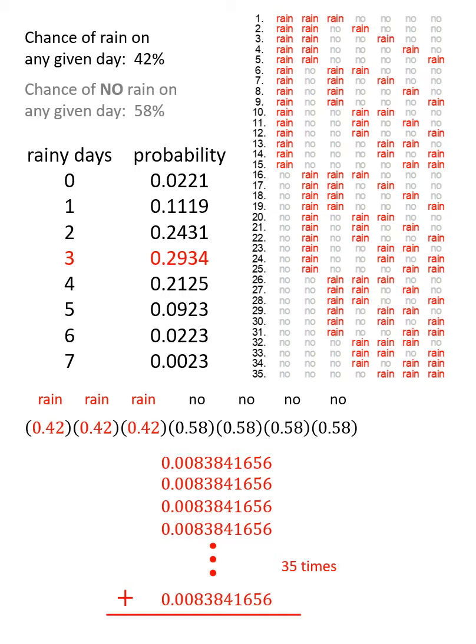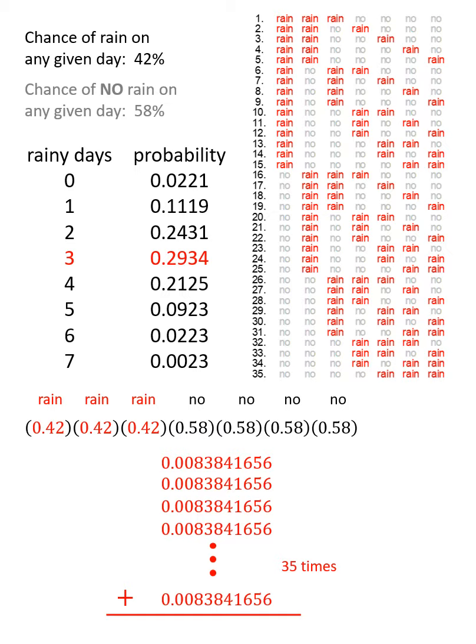Now, as a student, you probably wouldn't want to write out all 35 combinations. But do we really have to? Now, we don't have to write them out, but we did need to know that there were 35 of them, didn't we? Because we're adding that same number to itself 35 times.